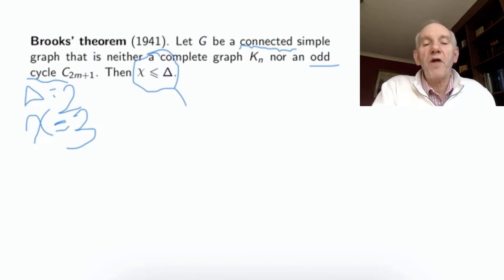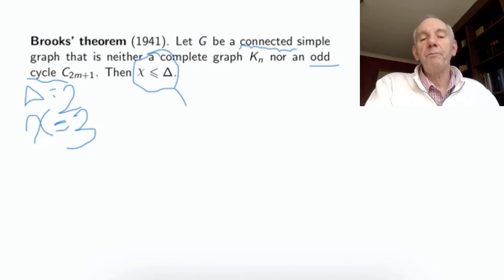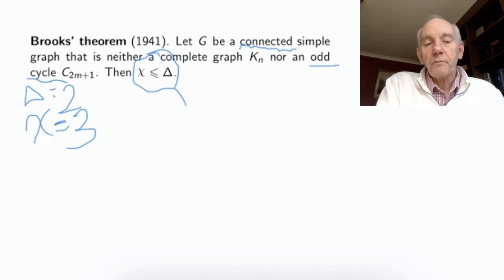For example, that would tell you for the Petersen graph, without using the algorithm that we did, that the Petersen graph has chromatic number equal to 3, because the Petersen graph has delta equal to 3. So Brooks's theorem would imply that result, which we found by actually doing the colouring.